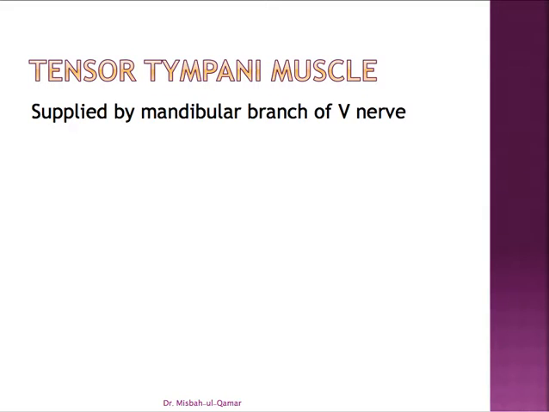So whenever the nerve is somehow involved in a disease process, say like in Bell's palsy, and there is paralysis, this muscle is also affected, as a result of which some degree of hearing loss is observed.